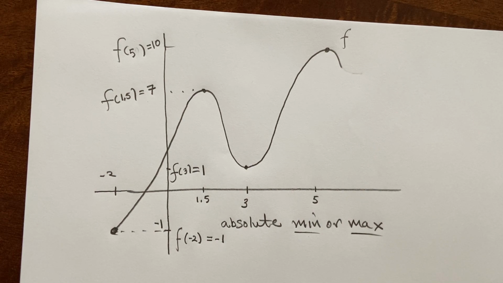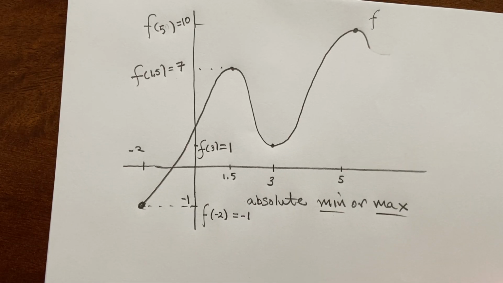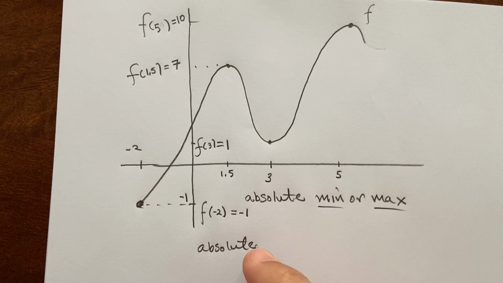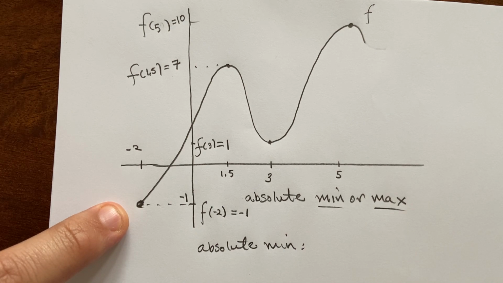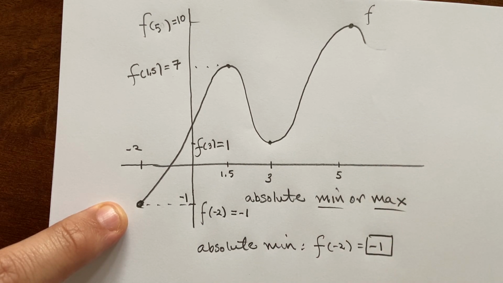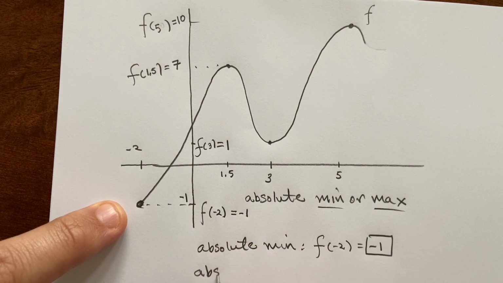So I would have an absolute min of -1 at -2. I would say f of -2 equals -1, and that output is really the min value. I would have an absolute max.